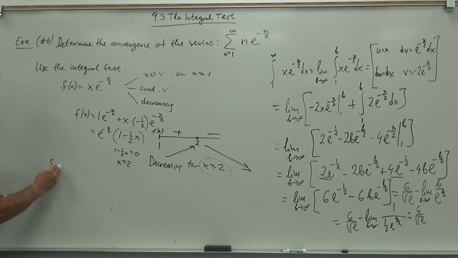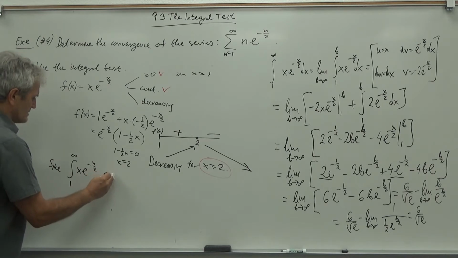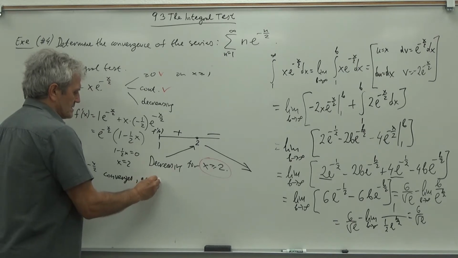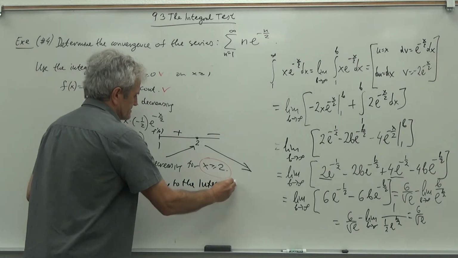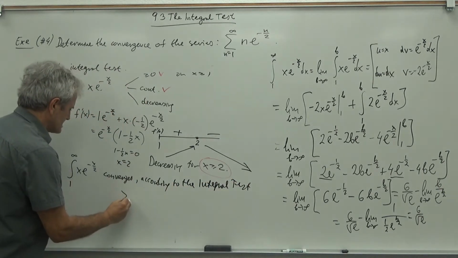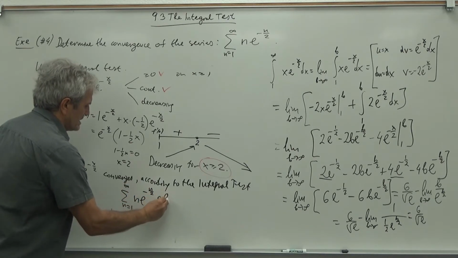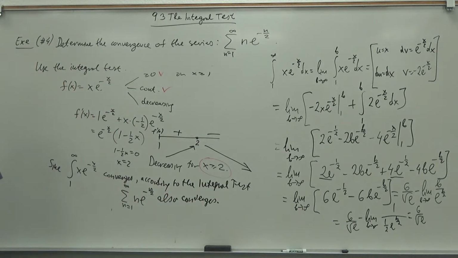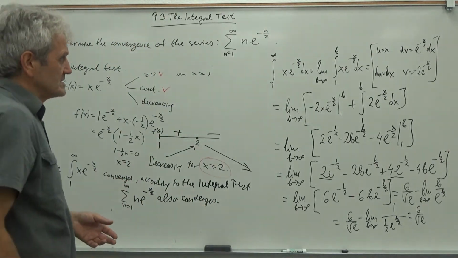So since the integral of e to the minus x over 2, from 1 to infinity converges according to the integral test, the sum n goes 1 to infinity of e to the minus n half also converges. Here's a nice finishing sentence to summarize our hard work. All right, so that's the main stuff about the integral test.